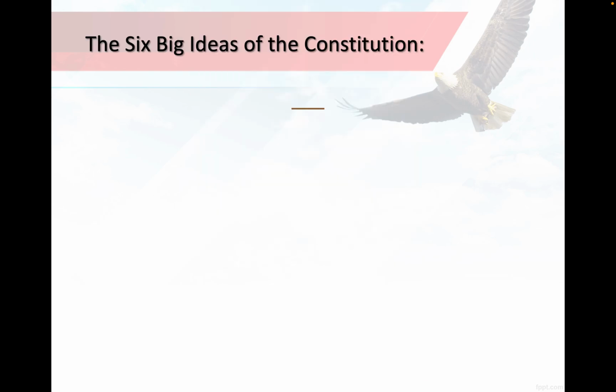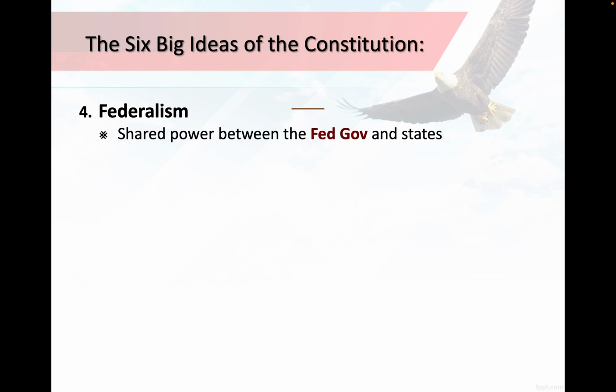All right, so we need our next 3 big ideas, because there are 6. The next big idea is called federalism. Federalism refers to a shared power between the federal government and the states. So remember, the federal government is our central government, the government of the United States.